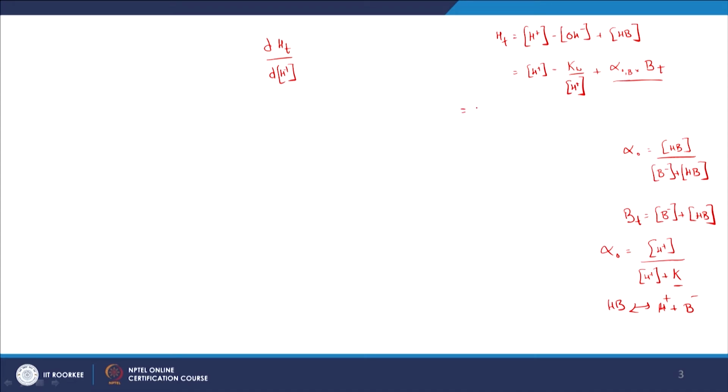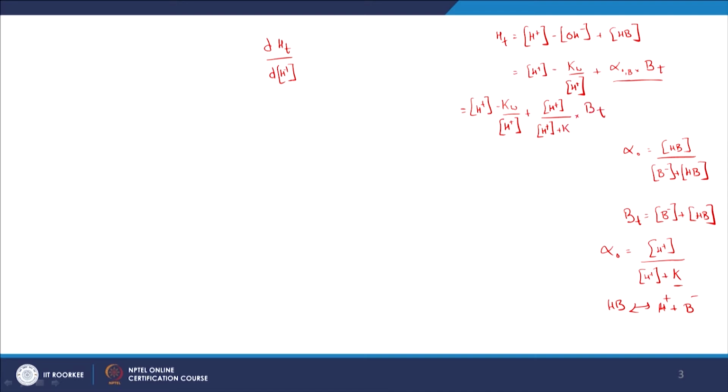H total is equal to the H plus concentration minus KW by the concentration of H plus, plus alpha naught, which is the concentration of H plus by H plus plus K, into B total.